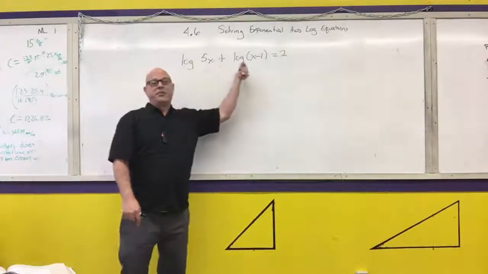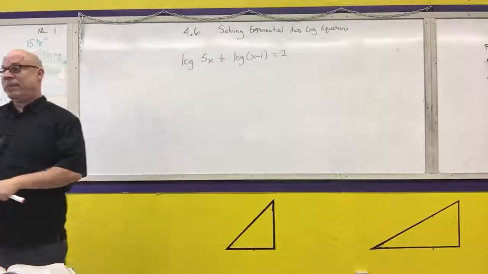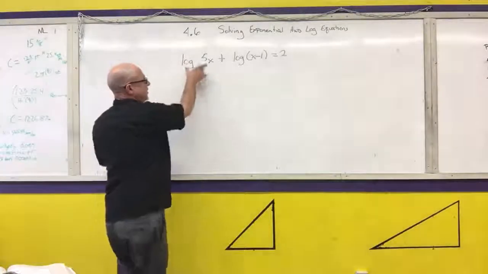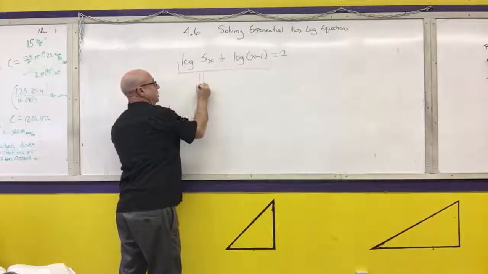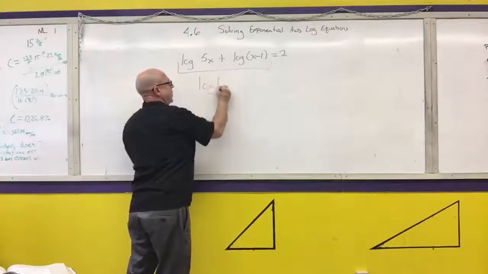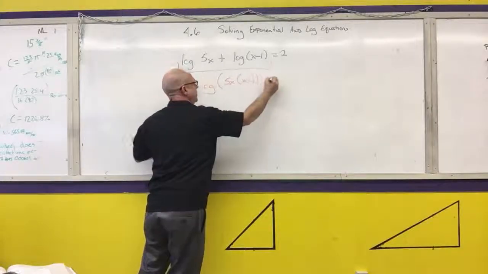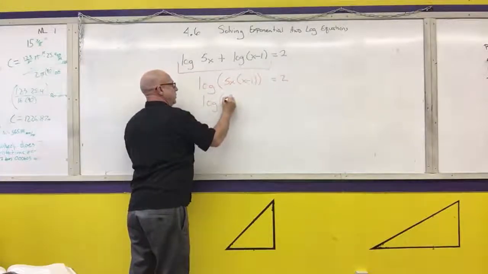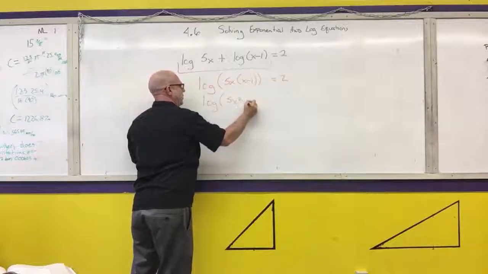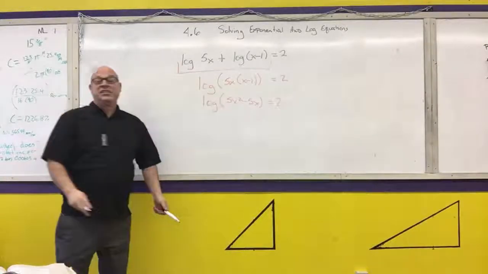And the logarithm of a sum is what kind of problem? It's a multiplication problem. This part right here turns into the log base 10 of 5x times x minus 1. Now, do I have a single logarithm?